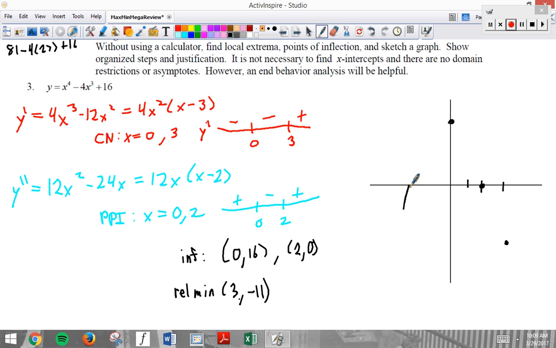Concave up. I'm sorry. Concave up but decreasing.